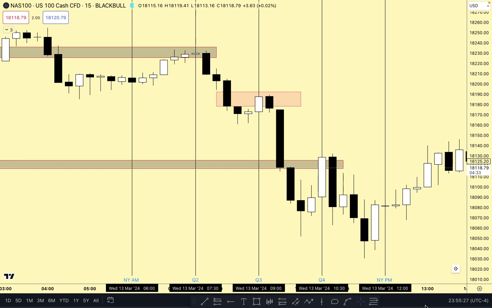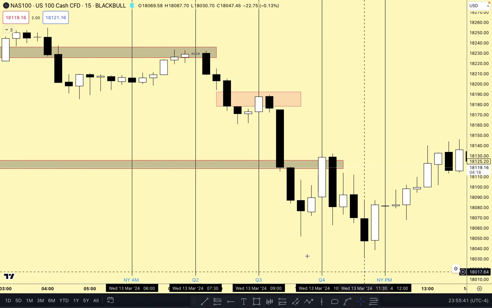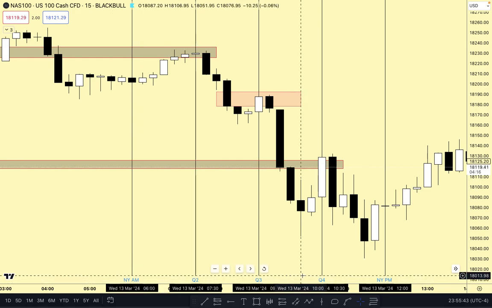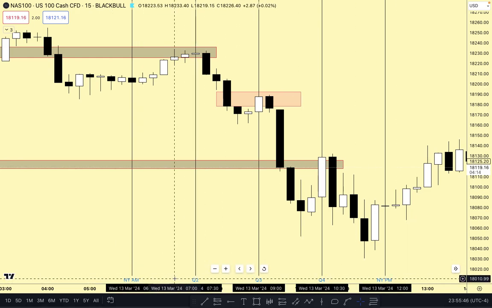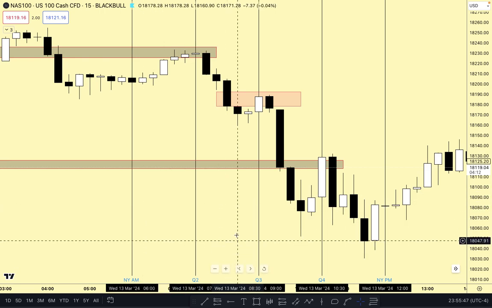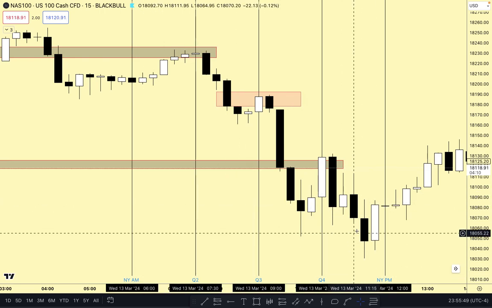I might be mistaken with those numbers, but for the AM sessions for New York, these are the times: 6, 7:30, 9, 10:30, and 12. As you can see, it's labeled down there, New York AM start. Each quarter: quarter 1, quarter 2, quarter 3, quarter 4.